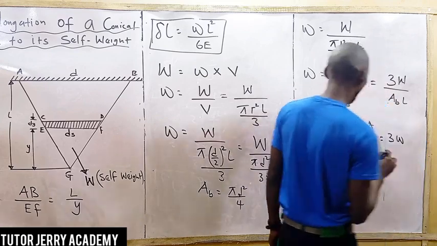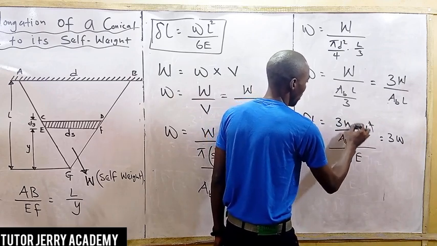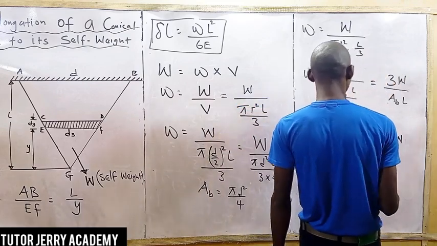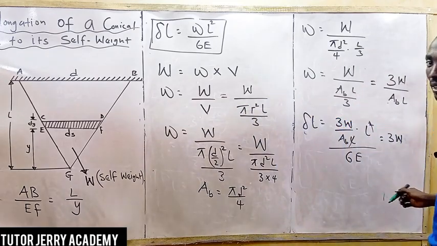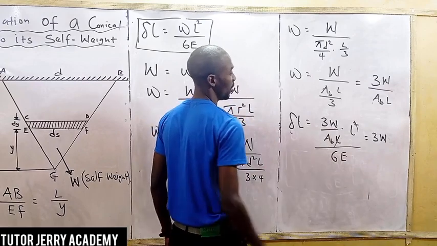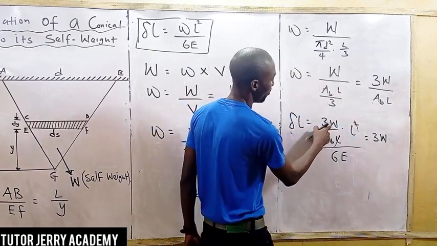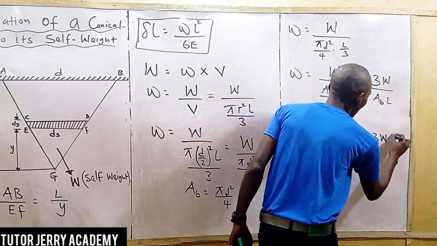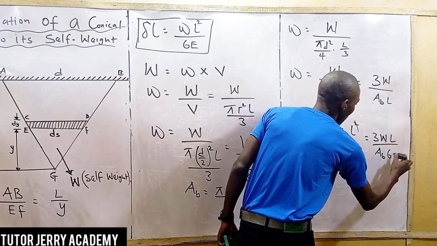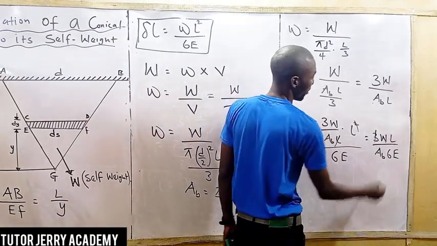Sorry, this is not omega. This is W. 3W. Then we are going to have 3 WL all over AB 6E. So this 3 will go here, 3 here, 1 here.